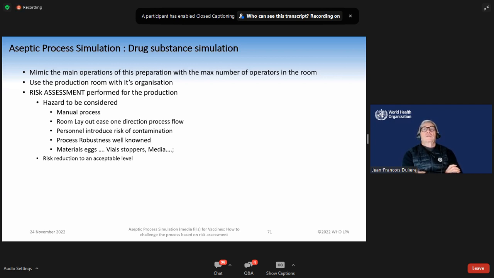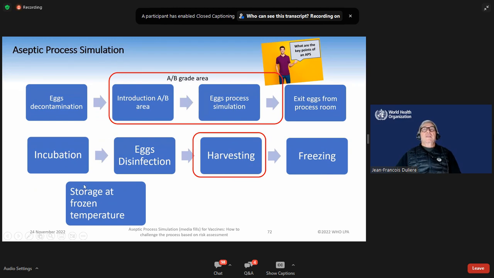The personnel will introduce risk of contamination. The process robustness is, well, not high. Materials such as eggs, vials, stoppers, and media have to be considered as well, and we need to reduce the risk to an acceptable level. If we consider all this for the process, then we can move into the aseptic process simulation.